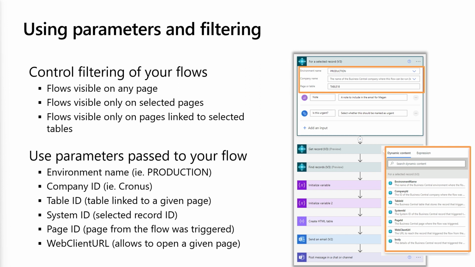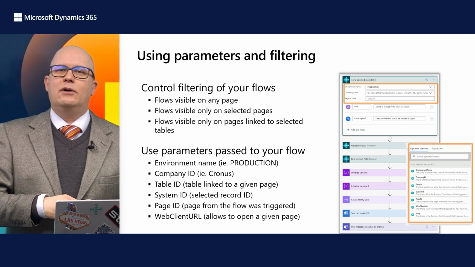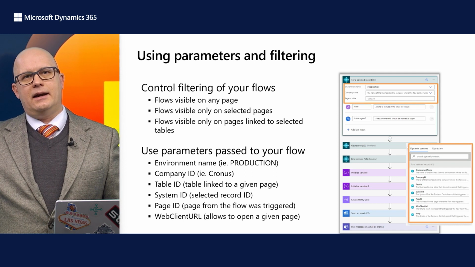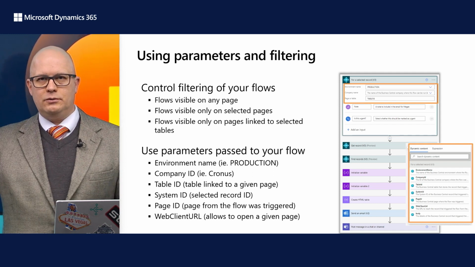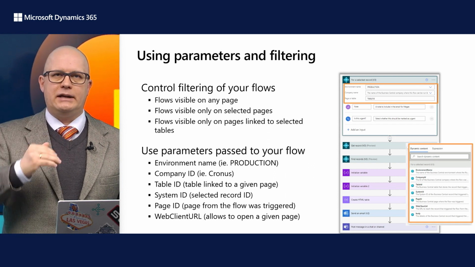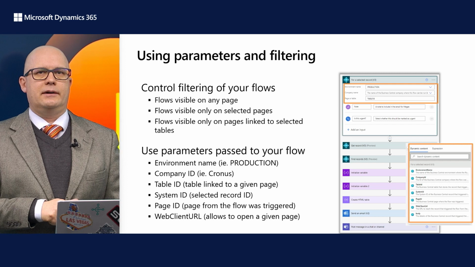If you open a list page and highlight a specific entry on that list page, starting the automate action for that list page will send the system ID of that record to Power Automate, and then within your flow, it is relatively easy to take action on that specific record.